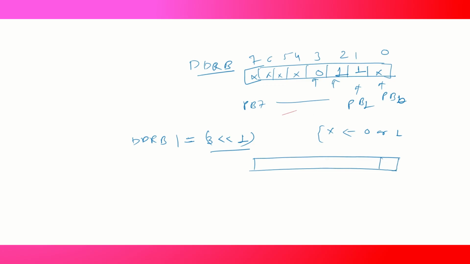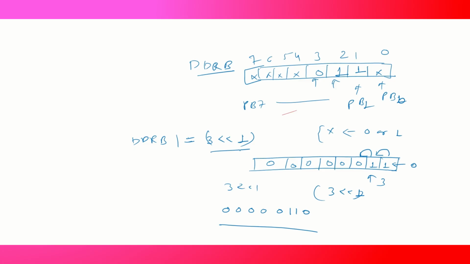Number 3 is this one, 1 1, and the rest 0. This is equivalent to 3. Now we are writing 3 left shifted by 1. So this one will come here, and this one will be replaced by 1, and this will be replaced by 0. So 3 left shifted by 1 is equivalent to 0 0 0 0 1 1 0.